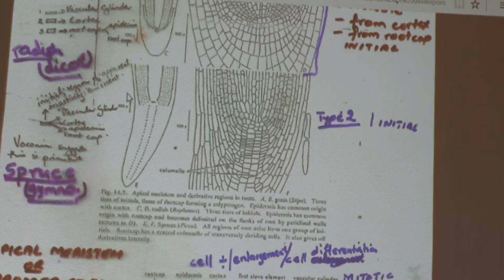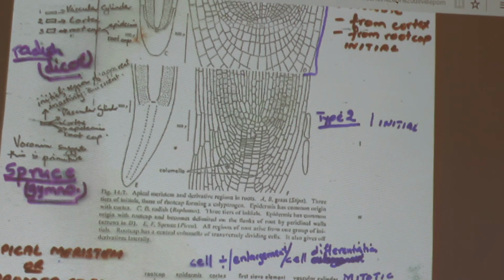Now, if we had sectioned a growing root, we wouldn't see this kind of diagram. This diagram is an interpretation of this, which is what you actually see. What we are looking at here, it says we can observe these cells here, which are different from these cells here, which are different from the cells on the outside. However, all of these cells seem to be coming from somewhere here.